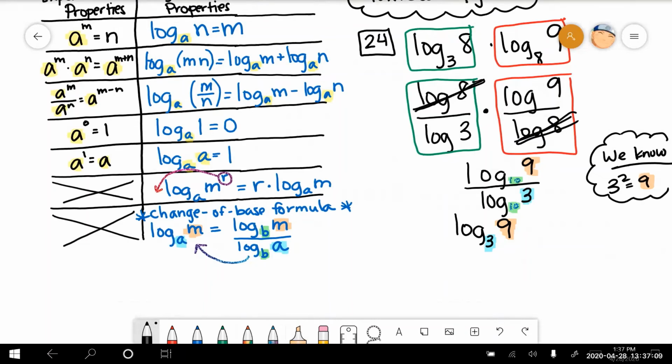So I'm going to go ahead and replace 9 with our 3 squared, because we know that 9 is equal to 3 squared. And now you might see, when we see a log with exponents, our brain should immediately go to this property, which allows us to drop that exponent down in front as a coefficient. I can take this 2 and I can plop it right here in front. And so I end up with 2 times log base 3 of 3.